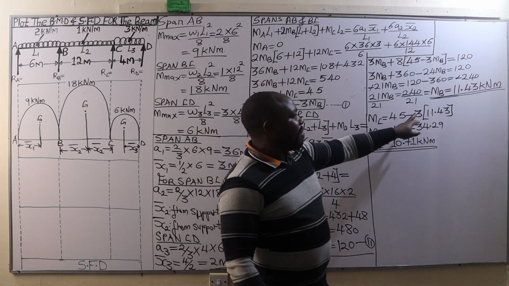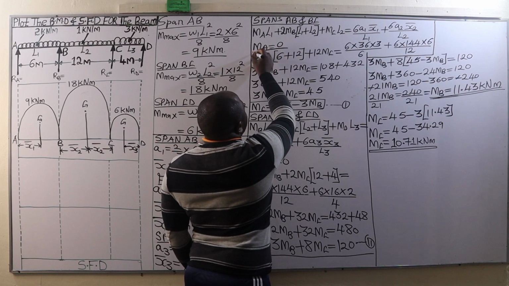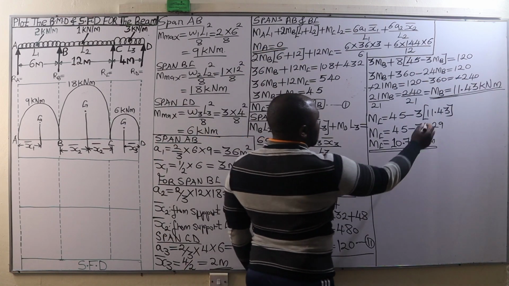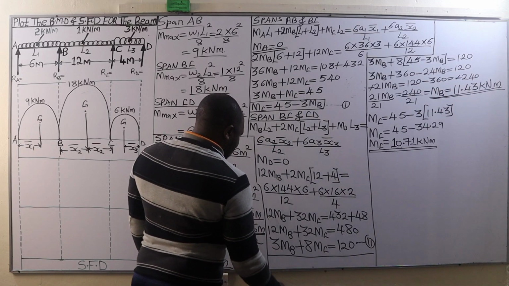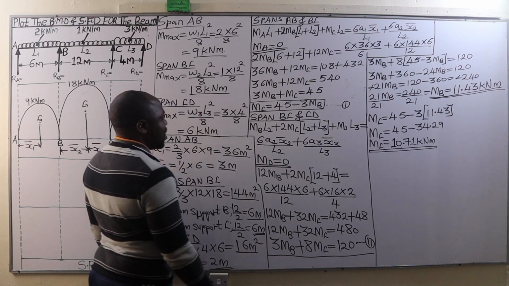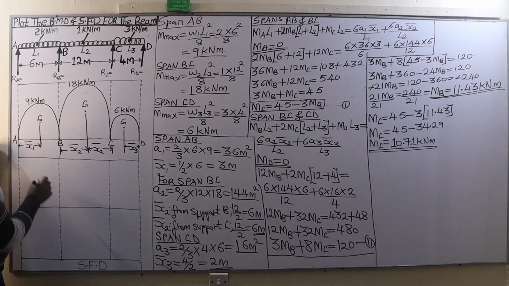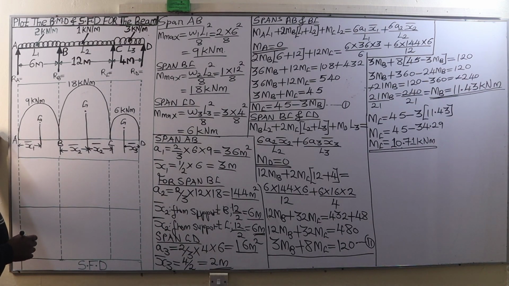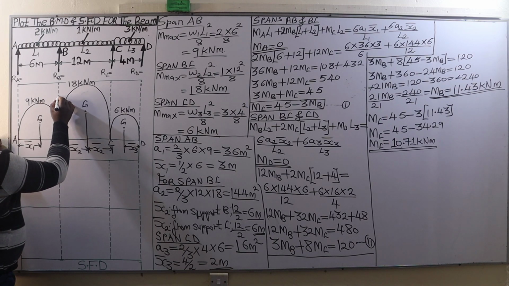After getting the bending moment at all the supports, bending moment at A is 0, bending moment at B 11.43, bending moment at C 10.71, and bending moment at D, which is 0. We are going to plot the bending moment diagram, and we are going to plot it like this. Bending moment at A is 0. Bending moment at B is 11.43, and 11.43 is just somewhere above 9.